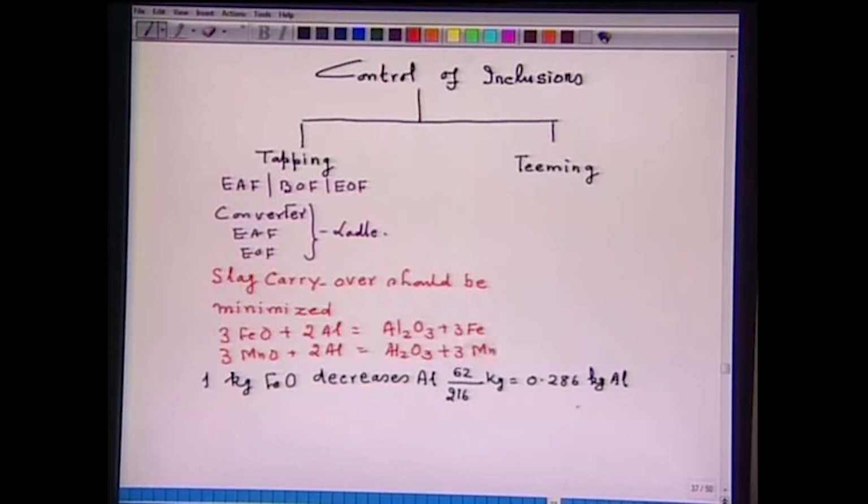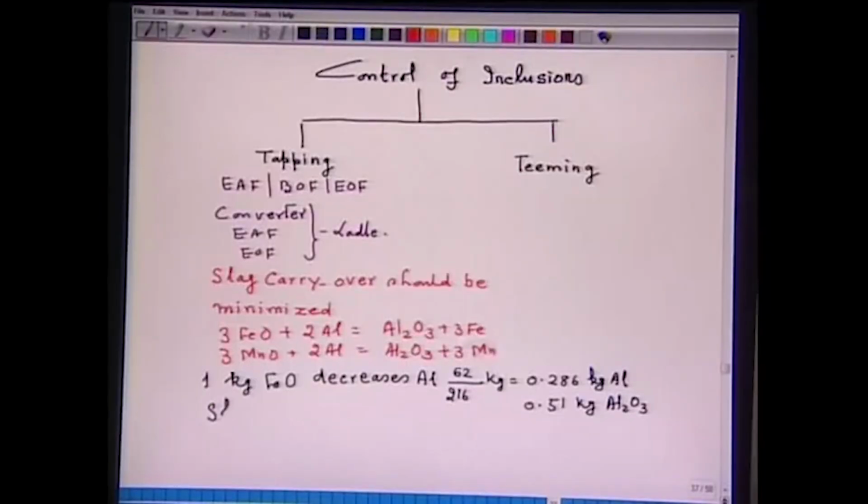Now, this 0.286 kg of aluminum will form around 0.51 kg of Al2O3. Now, the density of Al2O3, let us take it as around 4 gram per centimeter cube, and if all the inclusions were spherical, of size 1 millimeter diameter, then from the volume you can calculate that around 240 inclusions will form just by carrying over 1 kg of FeO into the slag.